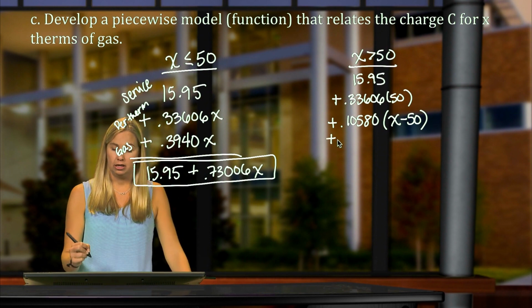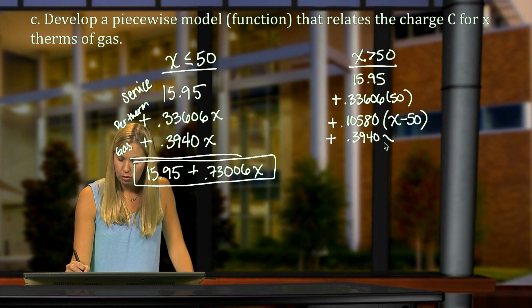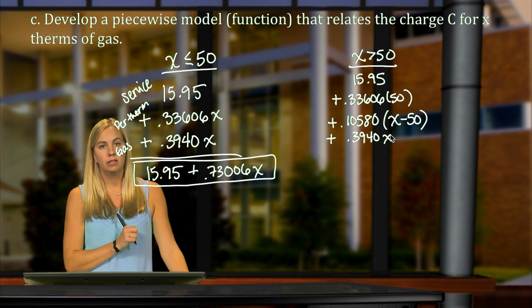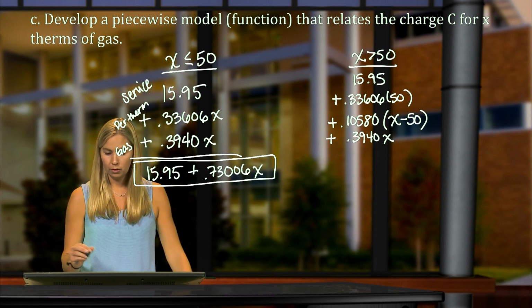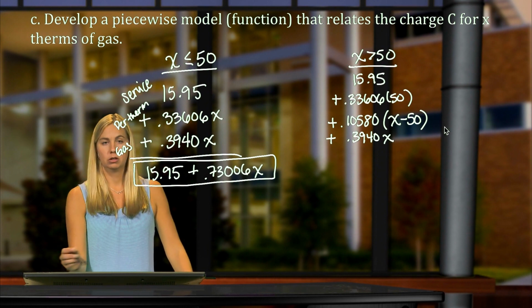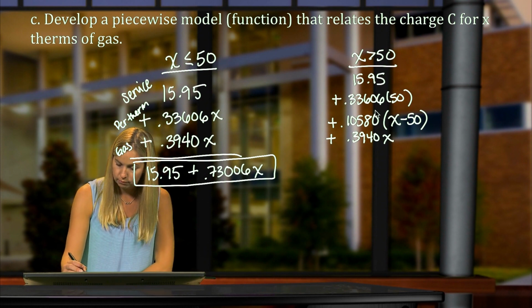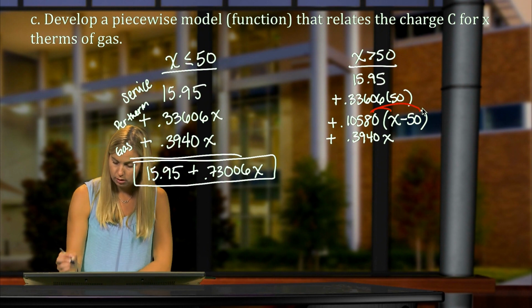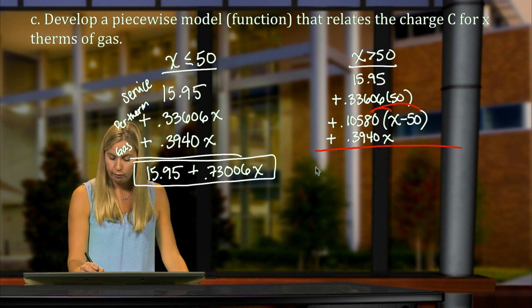And then we have our gas charge, which doesn't depend on the number of therms, so we just multiply it by each therm used. So now we need to combine all these like terms. We're going to have to distribute here. So let me show you what we have when we distribute.